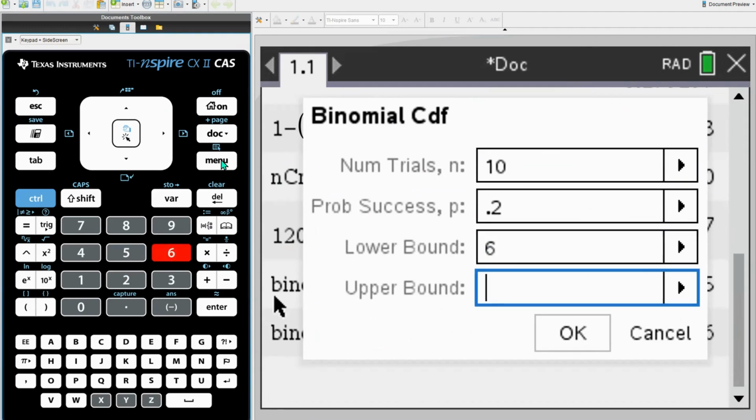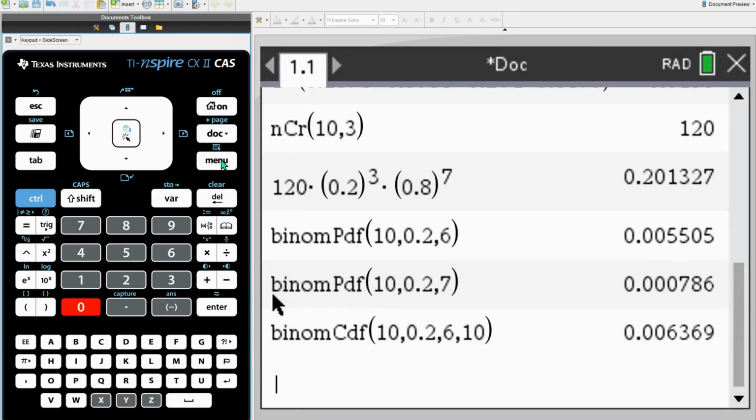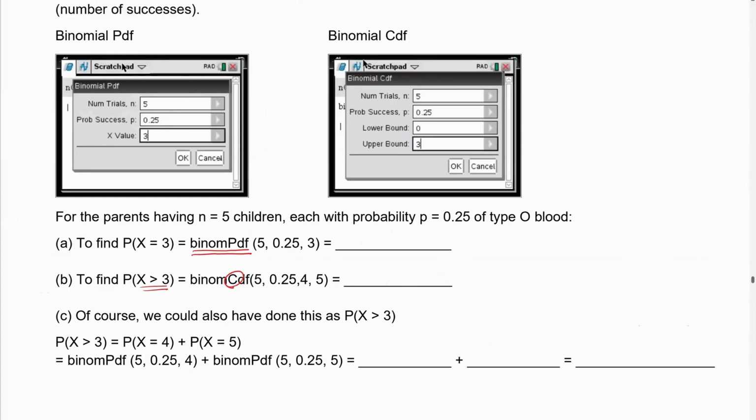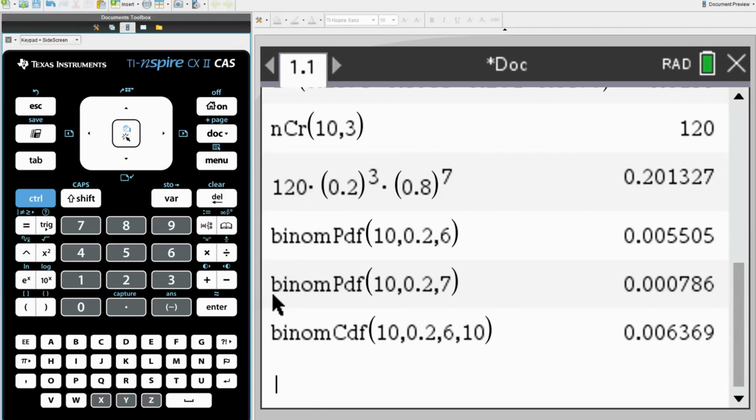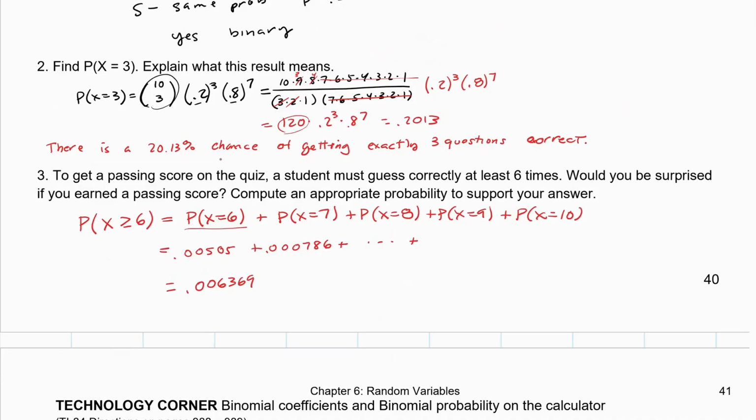Upper bound is 10. And this will add up all of those probabilities. And when we do that, we get 0.006369.